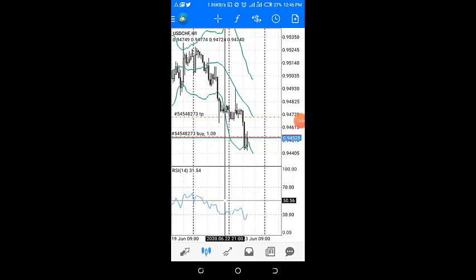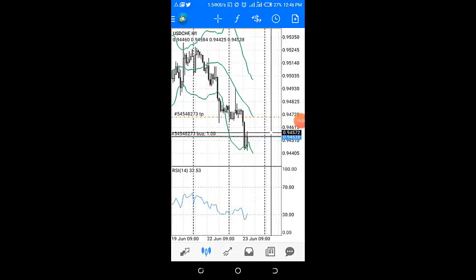Now when something is oversold, you don't want to continue selling because it might start reversing at any moment. Therefore, when something hits below 30, what you should do is wait for it to start buying. Like right here, it was below 30. I know you can see 30.